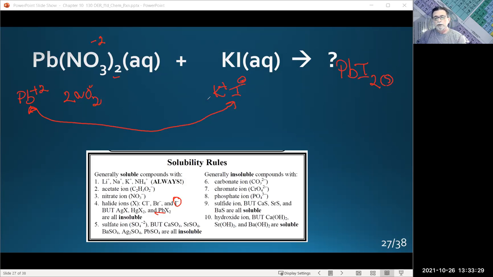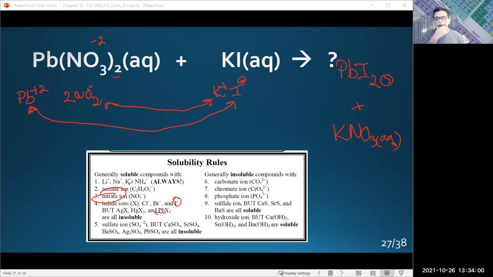Then we put together the potassium and the nitrates, and it's simply 1-to-1. So we have potassium nitrate, and we know that nitrates are always soluble. So its state is aq because nitrates are soluble, and on top of that we got potassium, which is part of the big 4, number 1, always soluble.